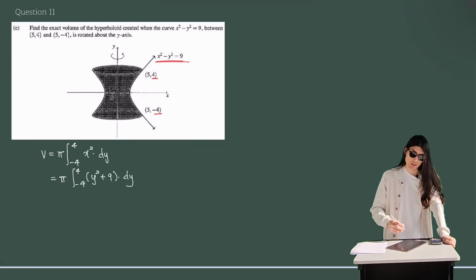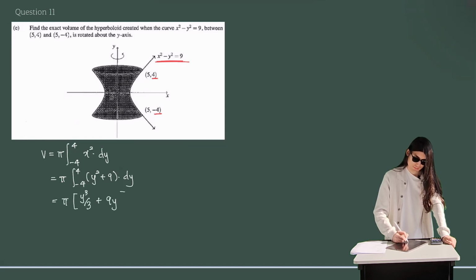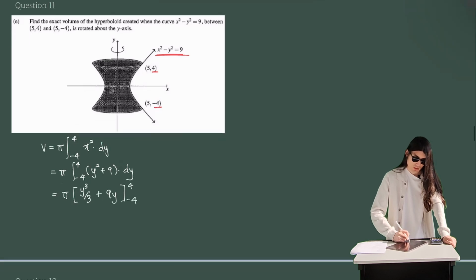And it's upper minus under again. Okay? So quickly doing that. Y cubed over 3 plus 9y. In your HSC, guys, show the substitution if you can. In fact, yeah, just show the substitution.